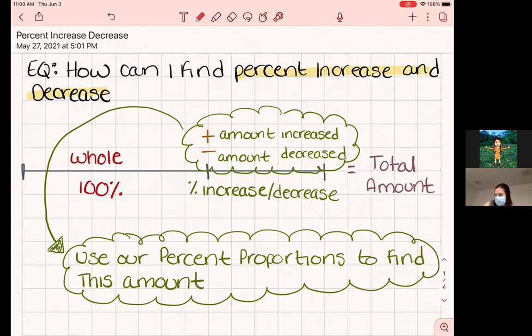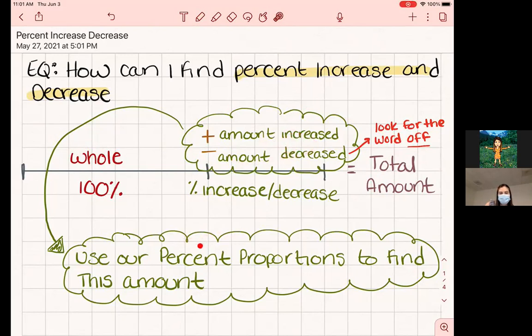So look for the word off. 20% off is going to give you a decrease. Increase, it's not quite as clear wording wise. And then once you take that whole that you started with and you either add or subtract, you're going to get the total amount.